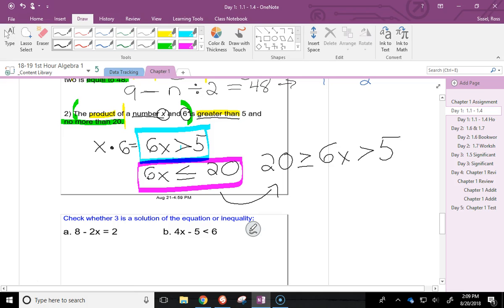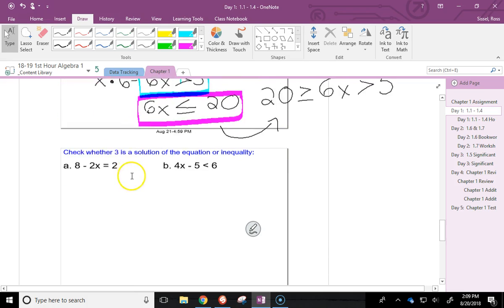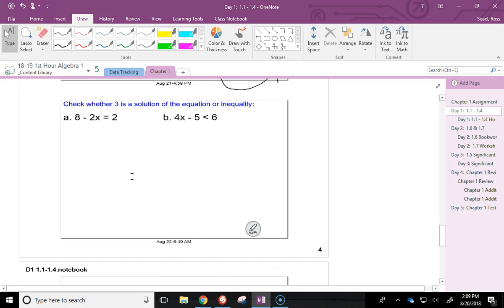Alright, let's scroll down. And these last two questions are ones that we do see on your guys' worksheet today. And it's just saying, check whether 3 is a solution to the equation or inequality. So mainly, if I put the number 3 in for our variable, does our statement work? So I'm going to rewrite this. 8 minus 2, and for the x we put in 3.